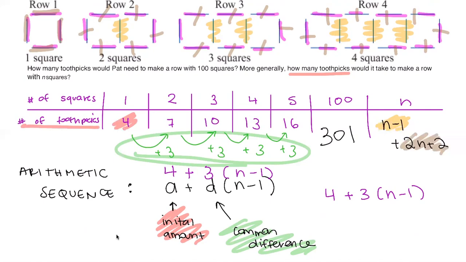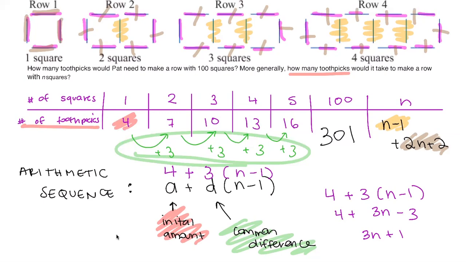Another question people might have is, well, how do I know that these are both valid? I'm just going to simplify. That's the only reason why I would simplify in this case, is just to see what I get. So distributing, we get 4 plus 3n minus 3, and then we get 3n plus 1. So I should get 3n plus 1 when I simplify my intuitive formula as well.